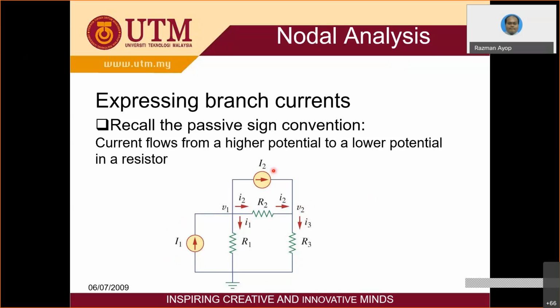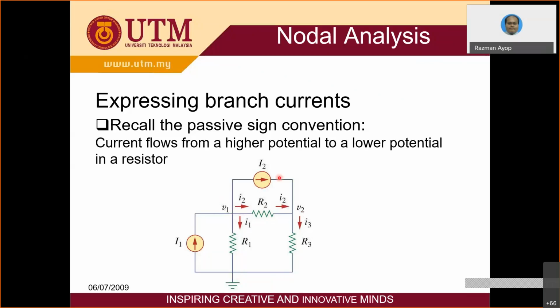But for the other branches, you have to assign it. So I suggest for simplification, if you start with V1, you assign the current direction as moving from V1 to V2, or from V1 to ground. Basically it goes out of the node.